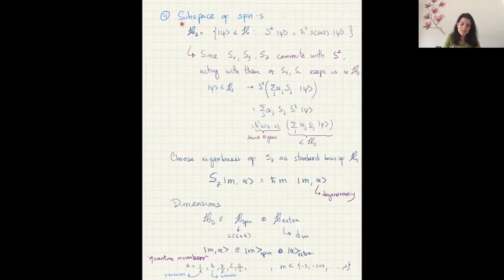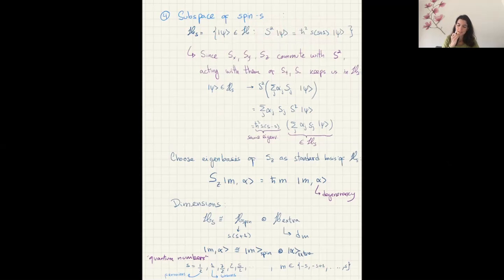So we started by taking a subspace, which you call spin S. These are all the states that are eigenstates of the total spin with this eigenvalue that depends on S. The reason why we pick this S plus 1 here is that it will give us a nice relation between the eigenvalues of S squared and of Sz.